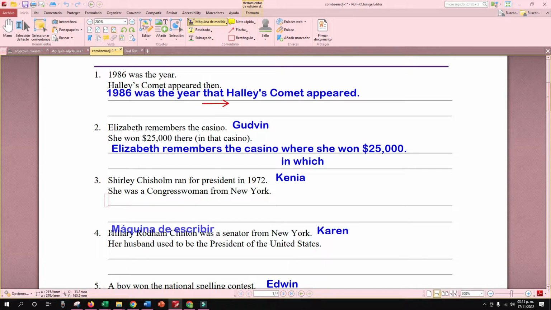Kenya, you should study the numbers. Okay, so Kenya, let's try to change a little bit this one.